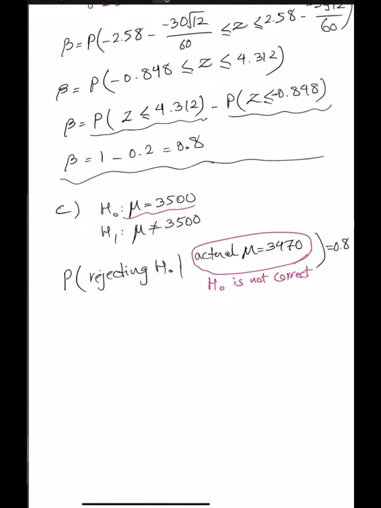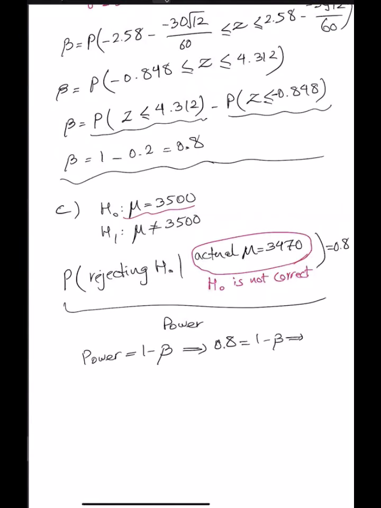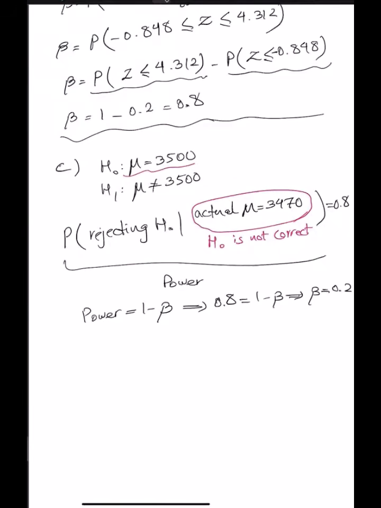So the probability of rejecting H null if H null is not correct is basically what we define as the power of the test, right? And we said that the power of the test equals 1 minus beta. So basically 0.8 equals 1 minus beta, and as a result, beta is going to be 0.2. I'll write down the formula for sample size.